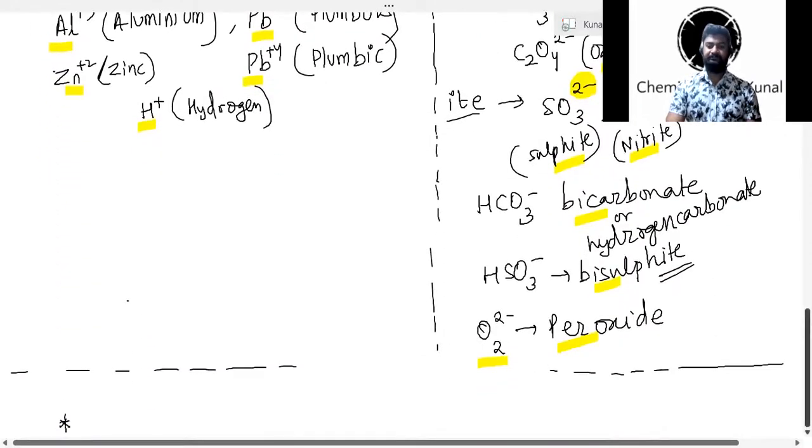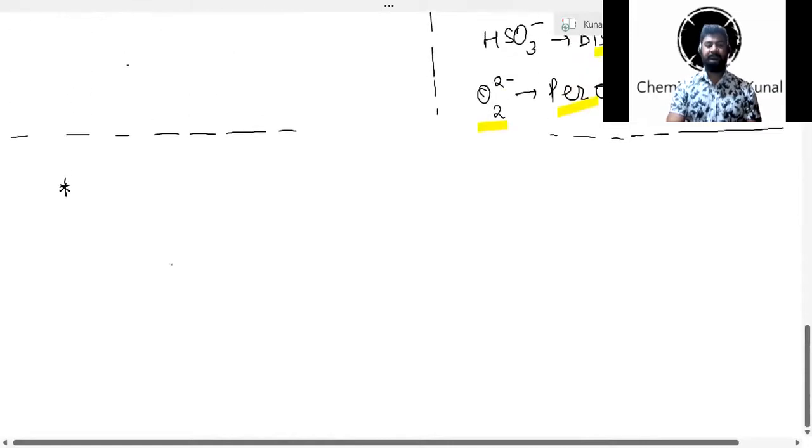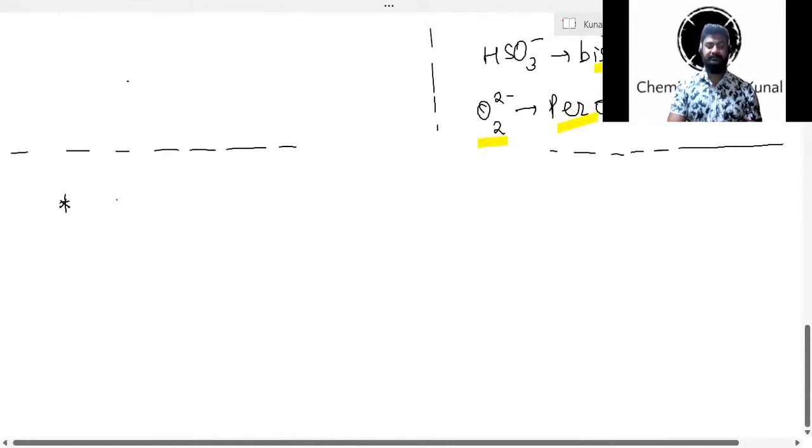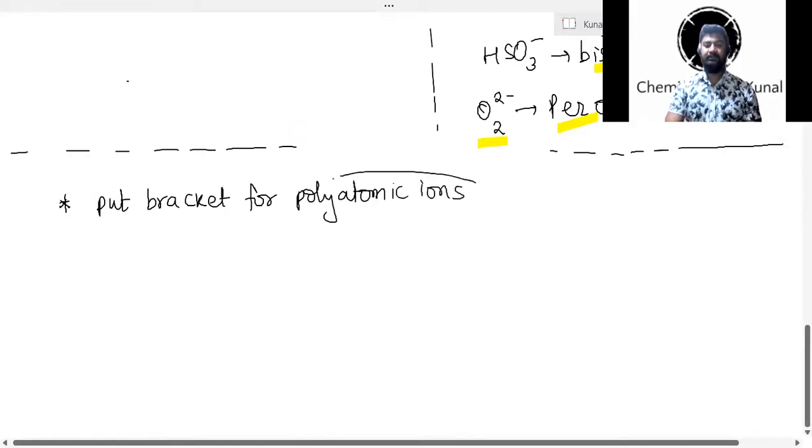Let's begin with some formula writing. For writing a chemical formula, the rule is very simple. Put brackets for polyatomic ions. It's an important thing that you must do. What exactly are polyatomic ions?